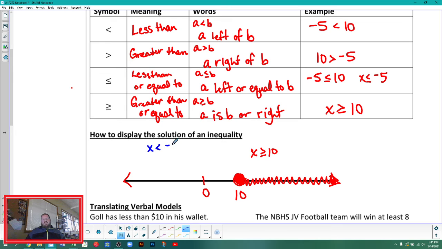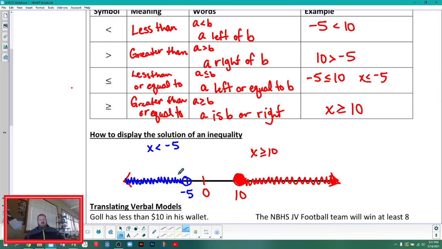If I wanted to say x is less than -5, let's say we've got -5 here. It can't equal -5, but it can be anything up to -5, right? So all these negative numbers are smaller than -5. And it's not enough to just say, well, then -4 works.